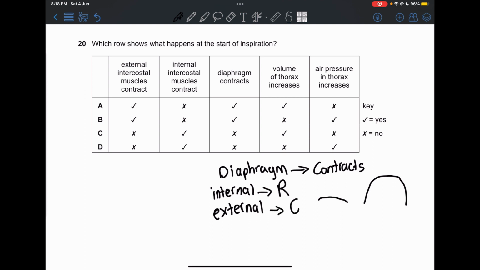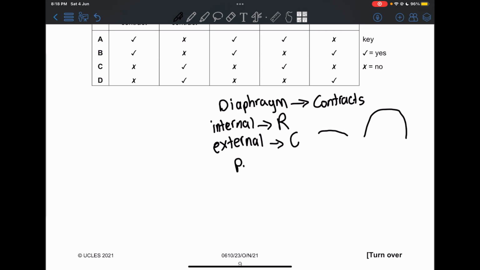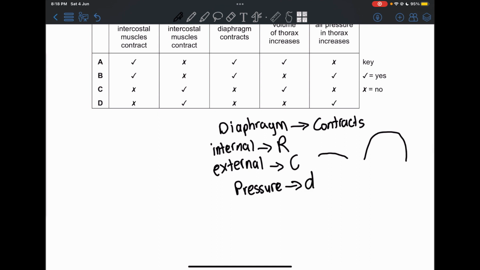So now the pressure inside the lungs will decrease, so the pressure from the atmosphere can move into the lungs or the thorax, because as we know, pressure moves from high to low. So there has to be lower pressure and higher volume in the thorax in order for the air to move inside. So pressure decreases and volume increases.